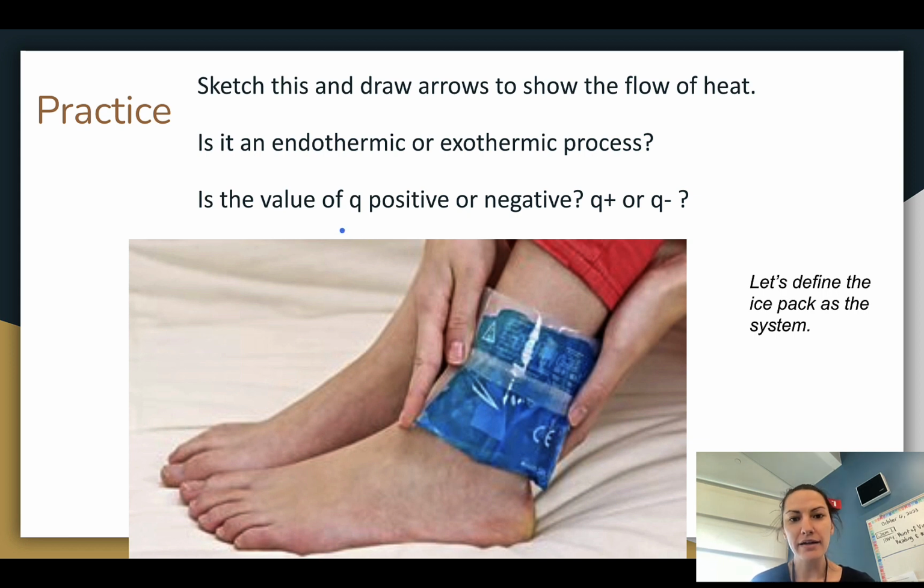So we've got an example here. We've got a cold pack and a person who is using that cold pack. We're going to draw some arrows to show the flow of heat. In this case, the heat is flowing from the person's body into that cold pack. So the heat is going into the cold pack, and we're going to define the cold pack as the system. And so we're seeing a shift from the surroundings to the system.